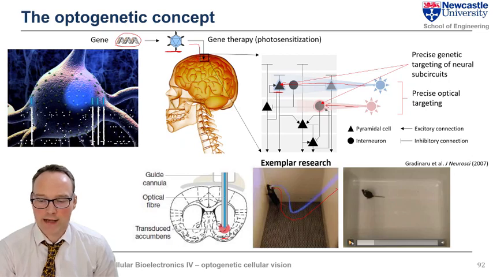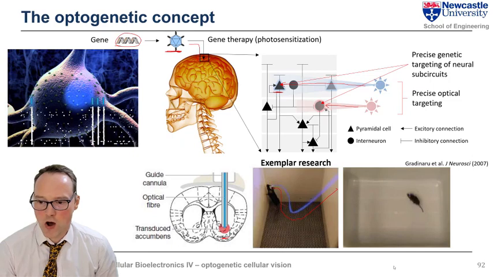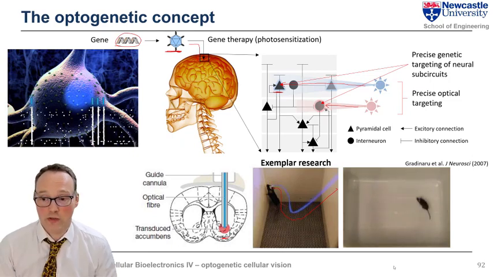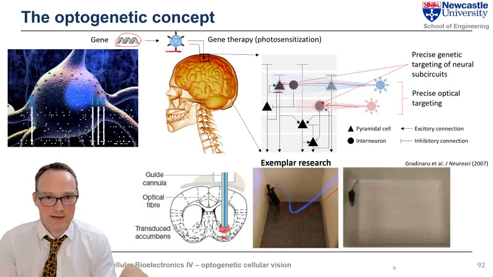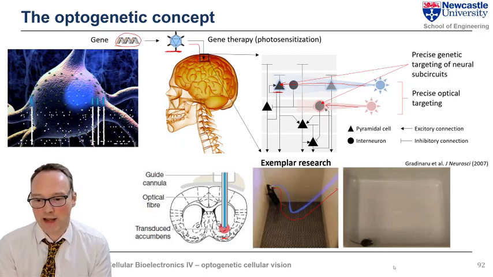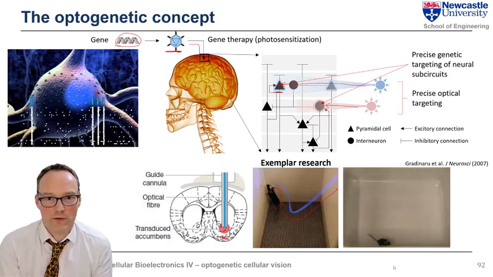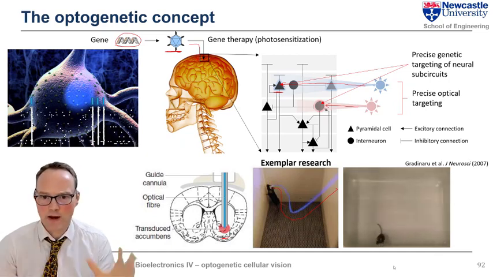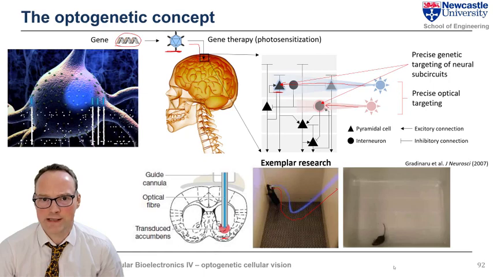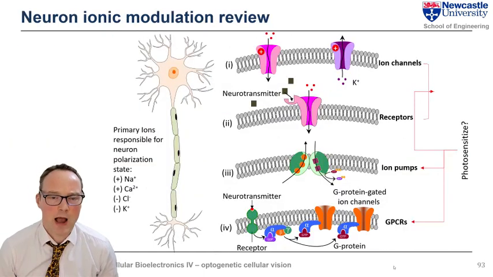And then when the light turns on, you can see a tiny little spot on the brain there. When the light turns on, the rodent is running, it's activated, and then when the light turns off, the rodent is no longer moving. So that's a very, very simple concept of this technique, which is very powerful.